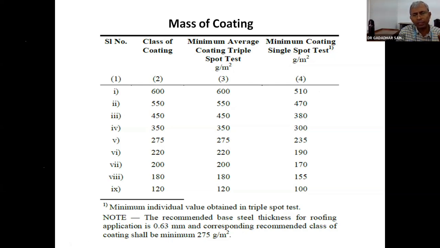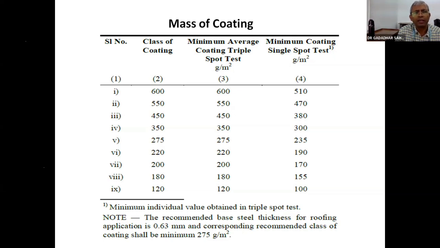Now the question is, just like CR grades or HR grades get rusted and form brown rust, similarly in GP, white rust also forms.